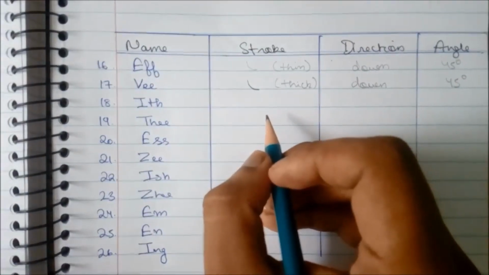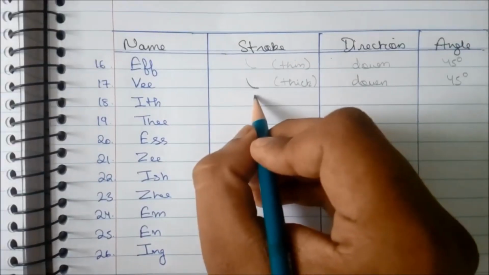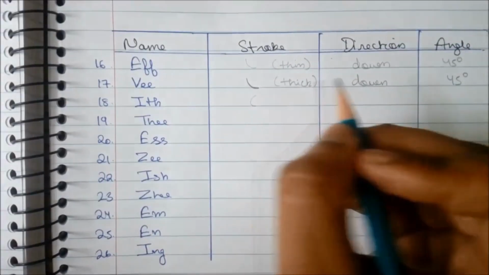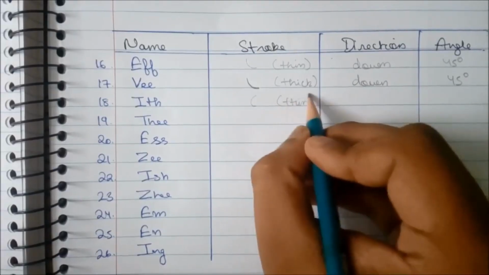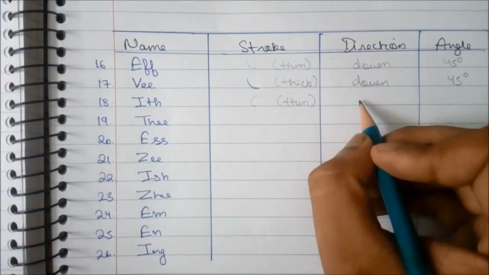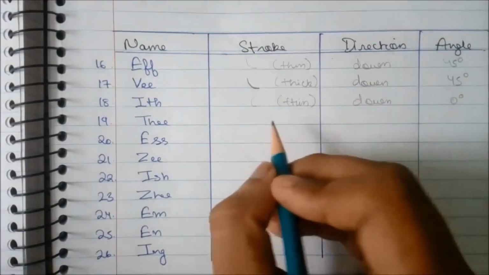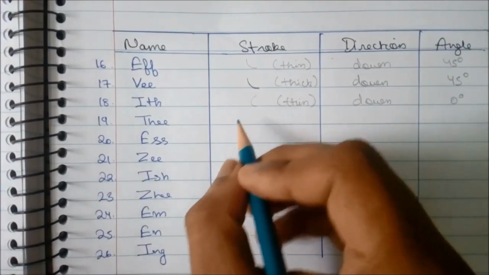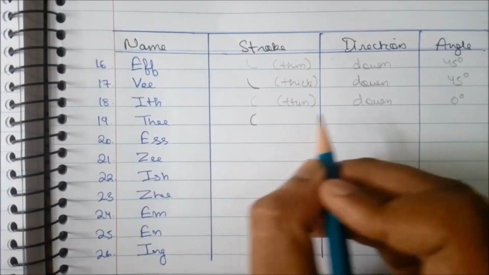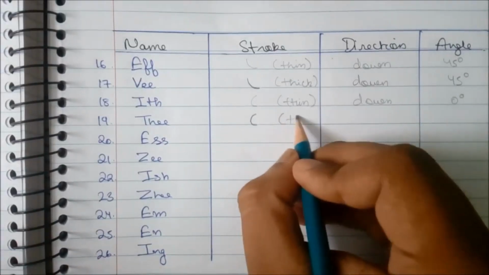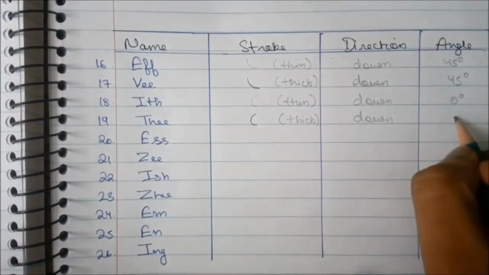Next stroke is Ith. It is a thin stroke and its direction is also downwards and its angle is 0 degree. The next stroke is Dh. It is a thick stroke, direction downward, angle 0 degree.